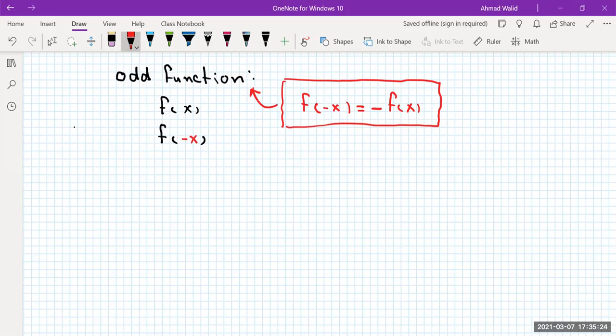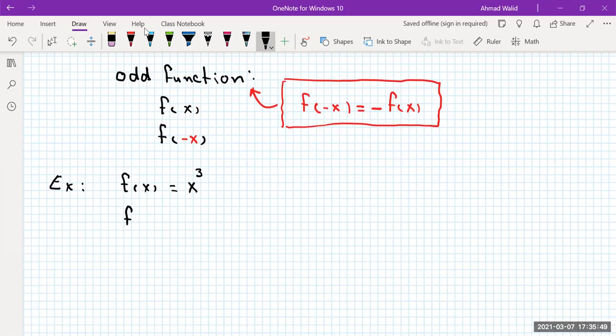Odd. Again, let's start with a very easy example. f of x equals x cubed. What should I do to check whether this function is even or odd? I'll replace x with negative x.